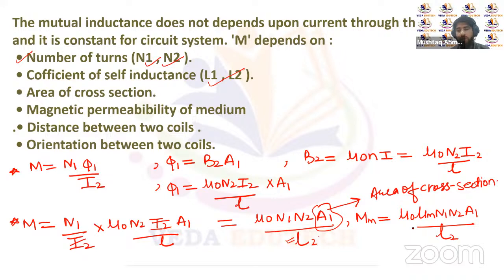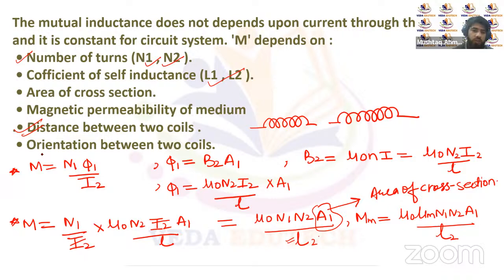Similarly, when the two coils are very near to each other, the flux linked will be more, so the change of flux will also be different. So it also depends upon the distance between the two coils, right? It will not only depend upon the orientation, it will also depend upon the distance between two coils.